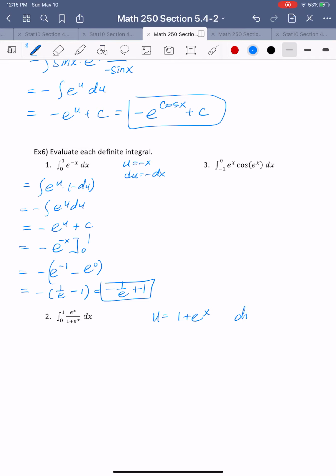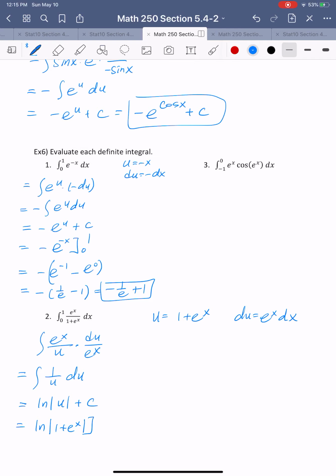So du is e to the x dx, and it's going to be du over e to the x. The e to the x cancels out. I got the integral of 1 over u du. So the integral of 1 over u du is ln u plus c, and then u is 1 plus e to the x, from 0 to 1.